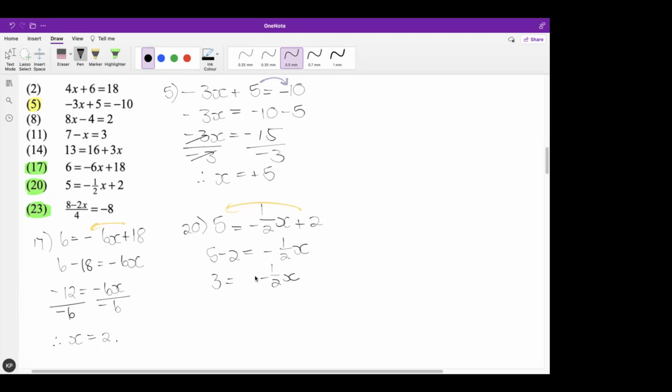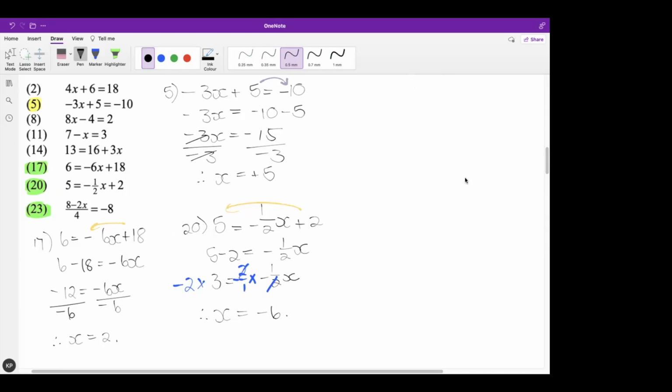How do I get rid of a negative a half? How did we do it? Times negative 2 over 1. Okay, so these will cancel each other out. Therefore, x is, what is negative 2 times 3? Negative 6. Nice.